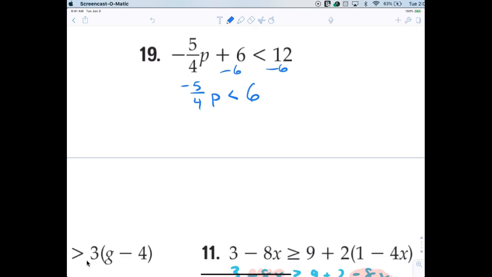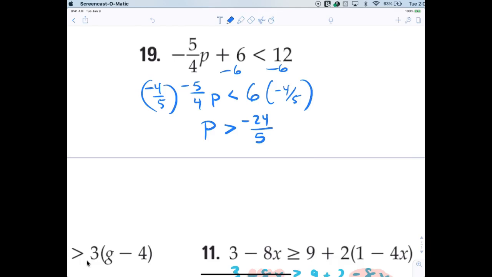Now, how do I get rid of the -5/4 again? Multiply by the reciprocal. Yes, we're multiplying by the reciprocal, so we're going to do -4/5. Now, this does not divide evenly, so it's going to be a fraction. That's okay to be a fraction. Did we multiply by a negative? Yes. So what do I do to the signs? Change them. So p is greater than -24/5.